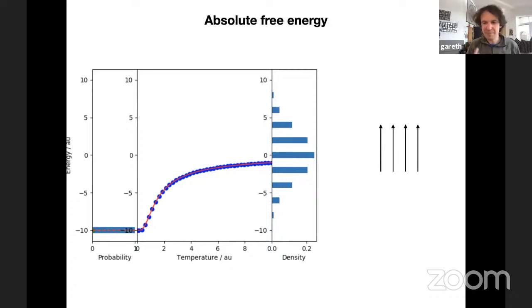Okay? Perhaps unsurprisingly, if you have n of these spins, the lowest energy state has all of the spins aligned with the magnetic field. That's lower energy than anything else.